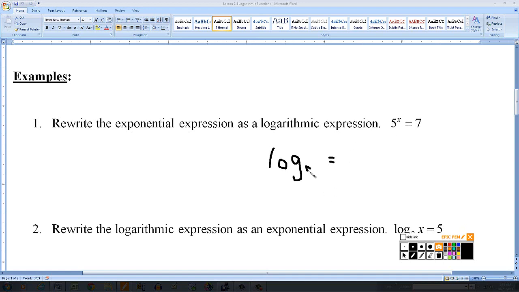And the x is the exponent, so that has to be the logarithm, so that has to go over here on this side. And then the 7 is the value that goes here in the definition. So basically this value right here has to equal this base taken to that power. So if I do that, I get the exponential.